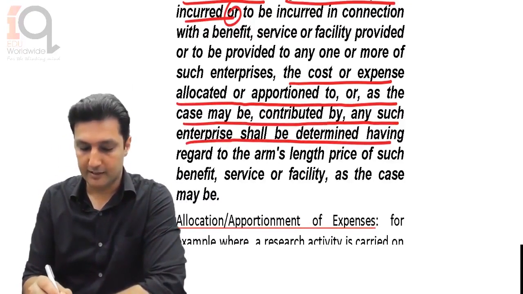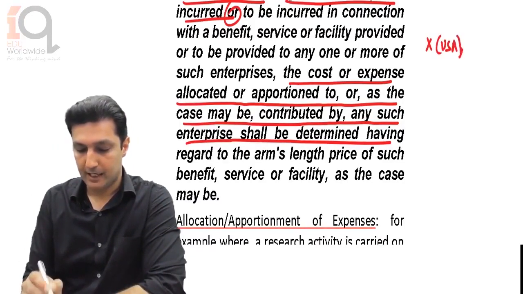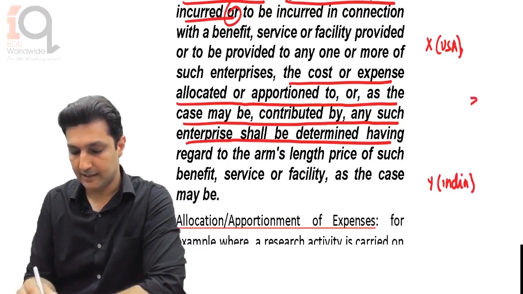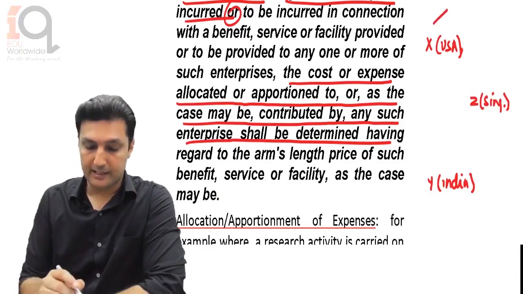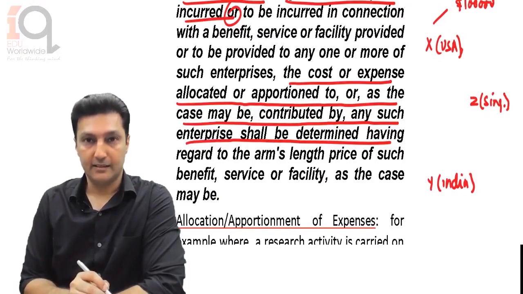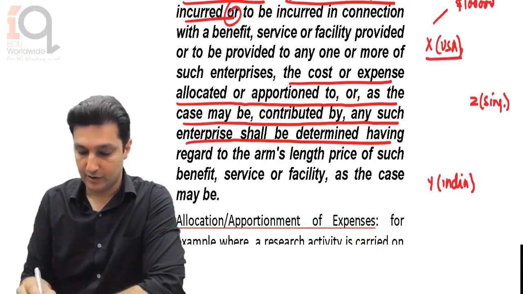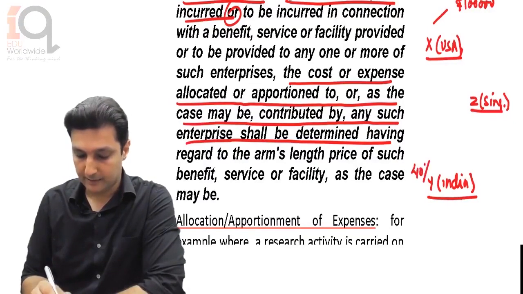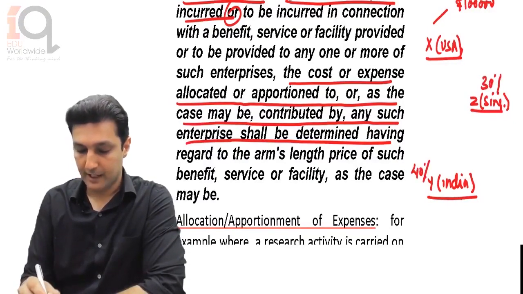Very interesting. So let's say there is a company X, this is in USA, and let's say there's an entity Y in India, and let's say there's an entity Z in Singapore. Now, X takes an order for, let's say, $1 lakh. And they say, we will distribute the receipts. Let's say 40% work is done in India, 30% here, and 30% here.